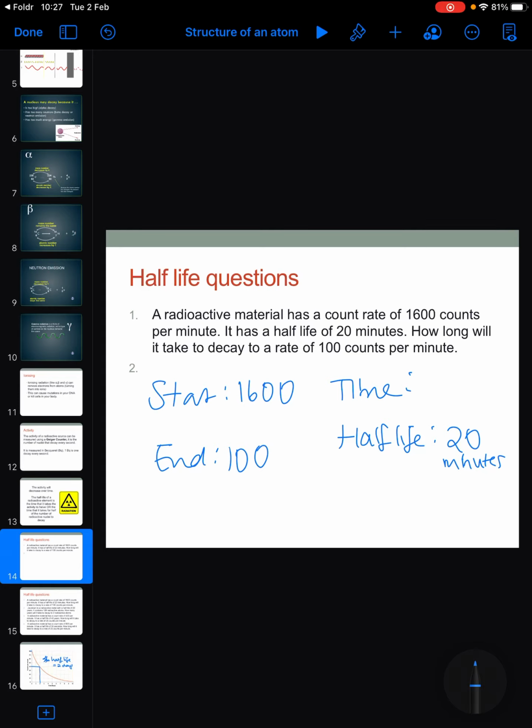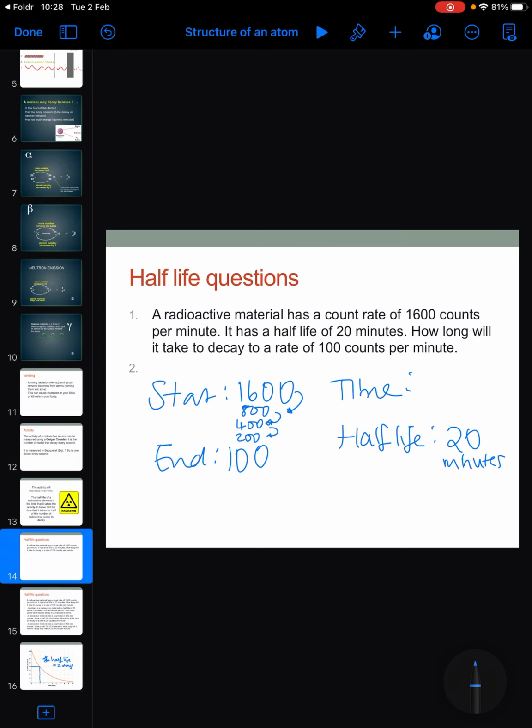Now, in order to find the time, I need to work out how many half-lives there have been between the start and the end. I do that by literally halving the start, and halving, and halving, until I get down to the end. Every time I halve it, I draw a little arrow. So halve it once, 800, then 400, then 200, and I draw my arrows. The arrows are fairly important here.